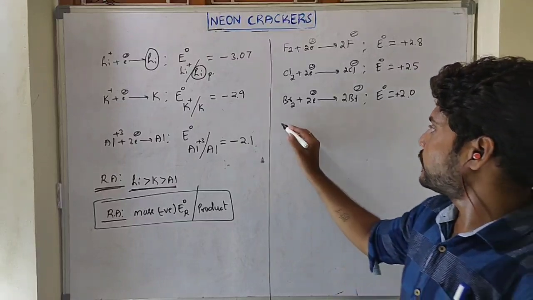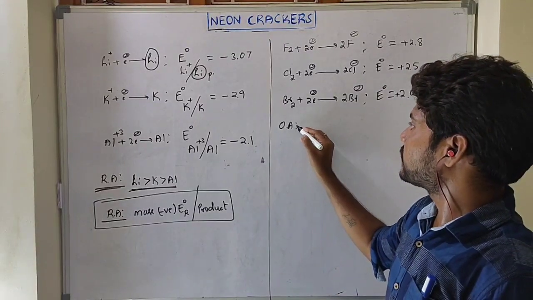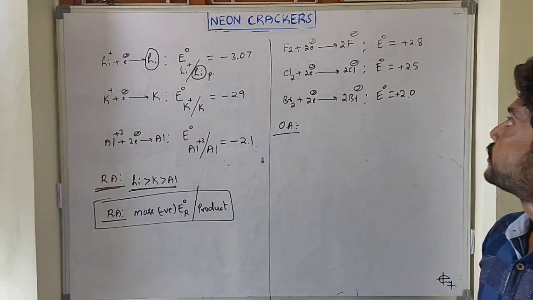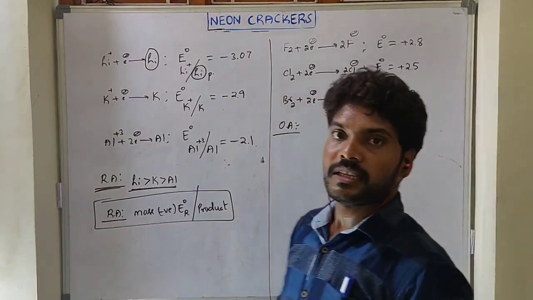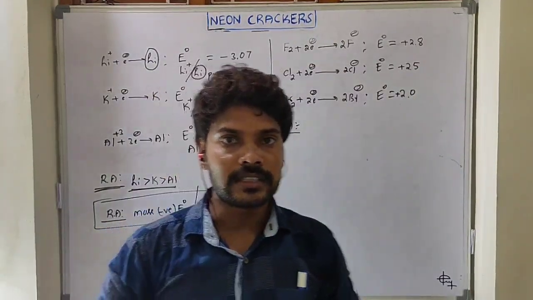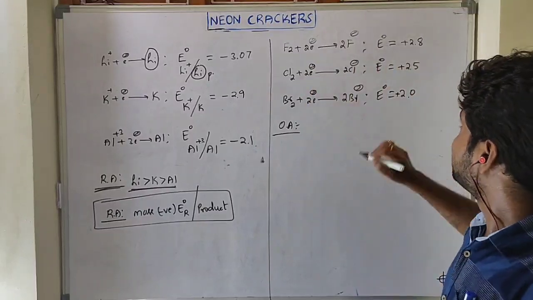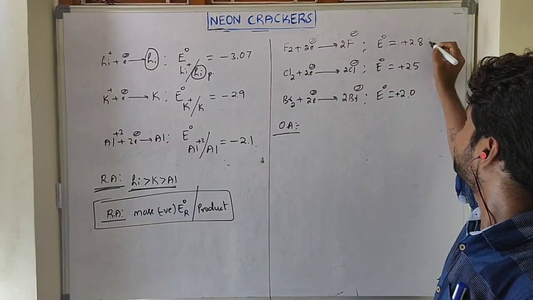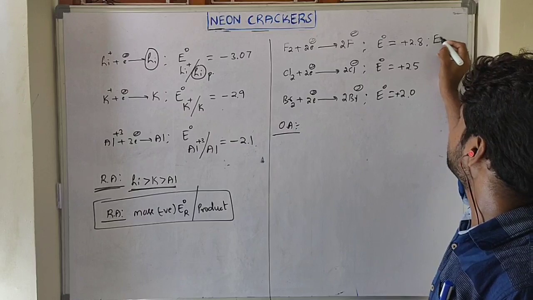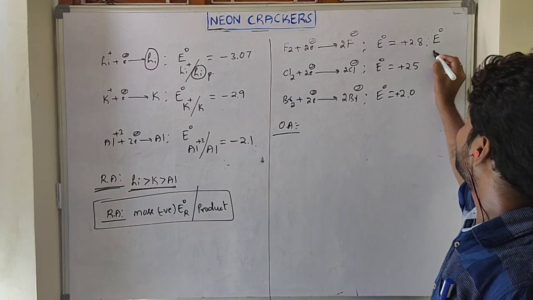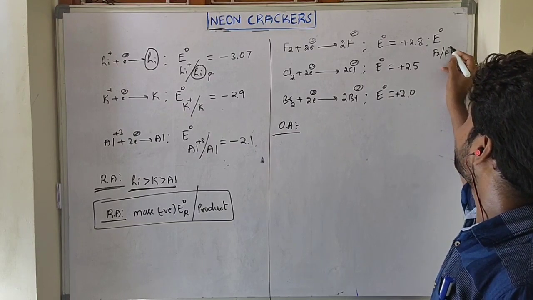Right. So how to find the oxidizing agent order? In the periodic table we can say F2 is the strongest oxidizing agent. In the representation we write F2 to F minus.